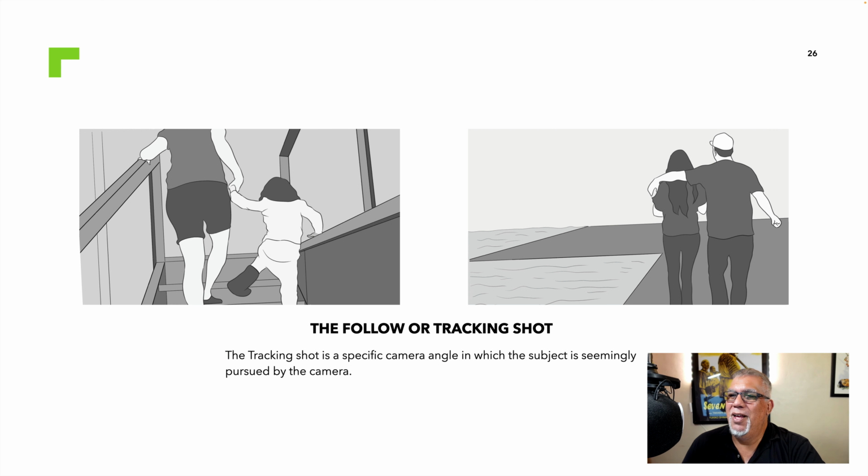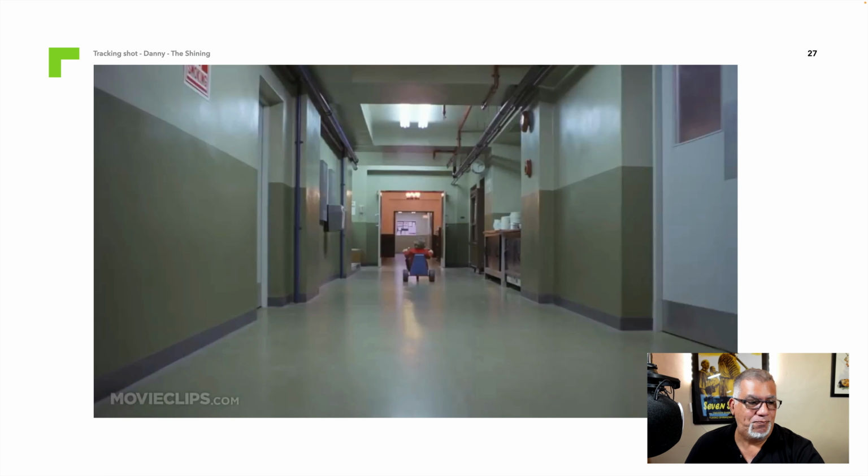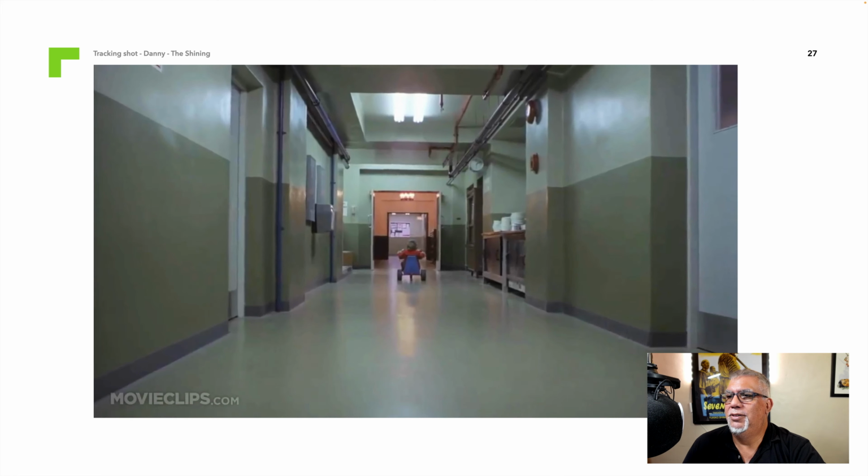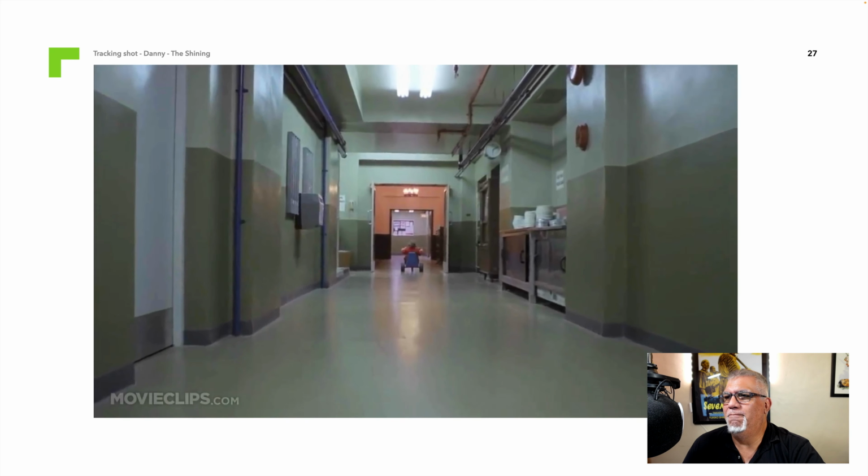The follower tracking shot, where we're following these people, staying behind them nicely, and we're both going the same way. A couple examples of that. Here's my favorite tracking shot, with Danny in The Shining again. Absolutely creepy.